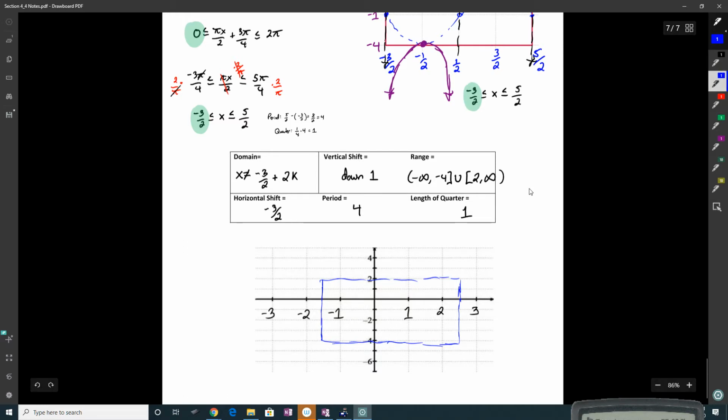Okay. And my upside down sine wave went from -1 to 1. I'm just recreating the box that I have up there. All right, so I have my asymptotes.